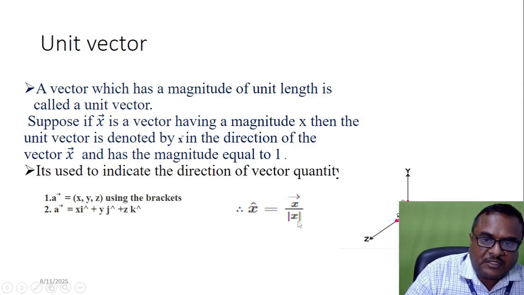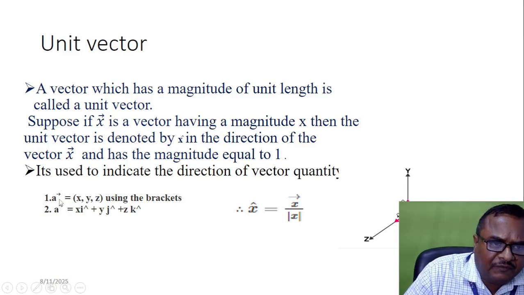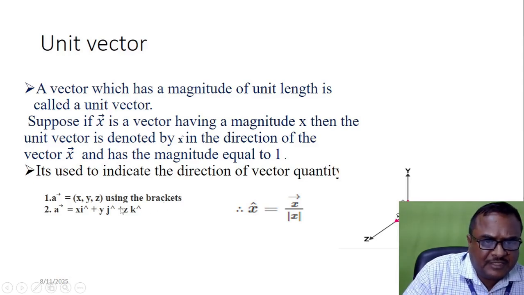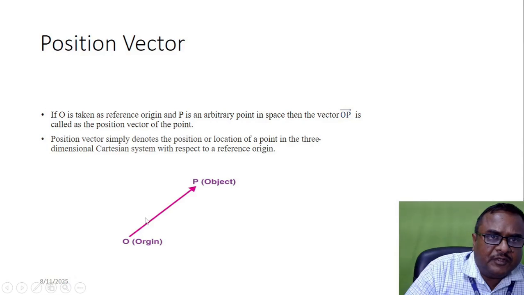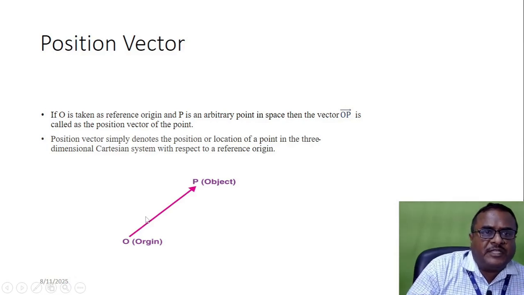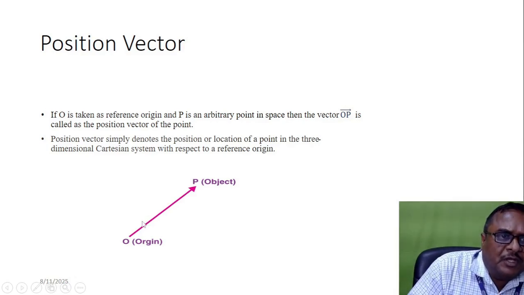From that, x cap equals the given vector x vector divided by modulus of x, that is, the magnitude. So in general, we represent the vector A vector equal to x comma y comma z using brackets. Similarly, a vector can be represented by x i cap plus y j cap plus z k cap.